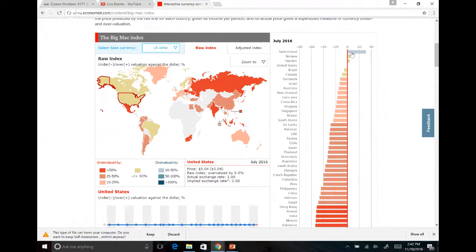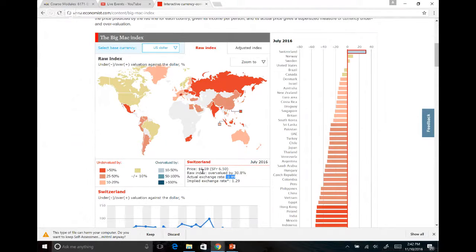And then in Switzerland, each Big Mac costs about $5.59. So in Switzerland, the Big Mac is more expensive, but the exchange rate between the US dollar and the Swiss currency is almost equivalent. It's 0.99 to $1.